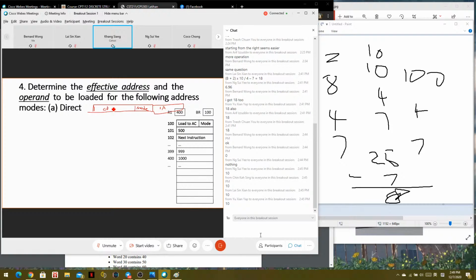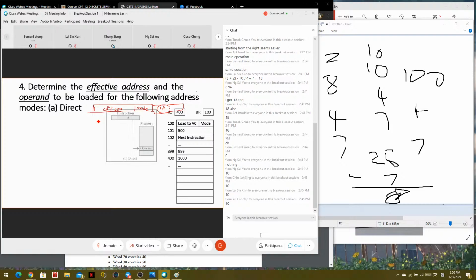So this is the opcode, then this is the address field of the instruction. But the effective address is the place where the operand is stored. The address location of the operand is called the effective address.